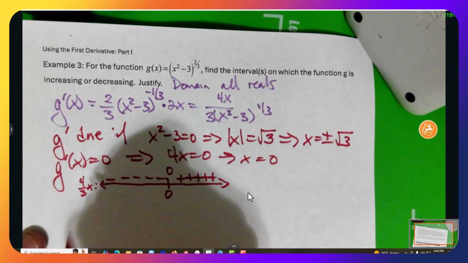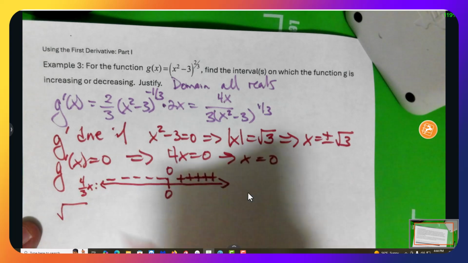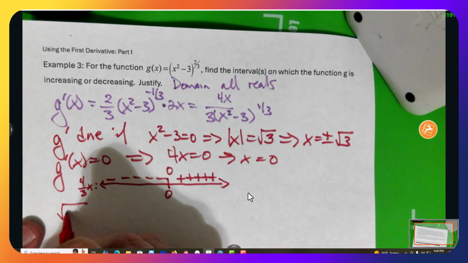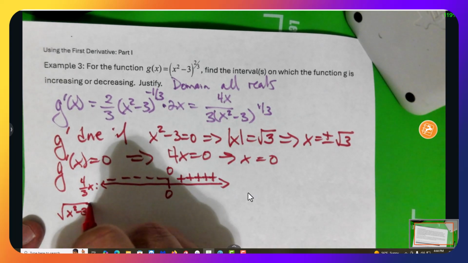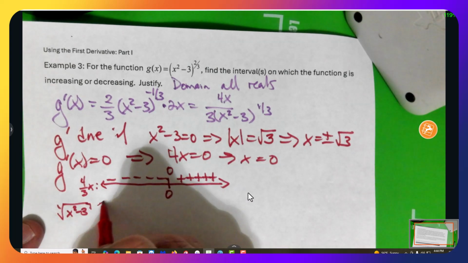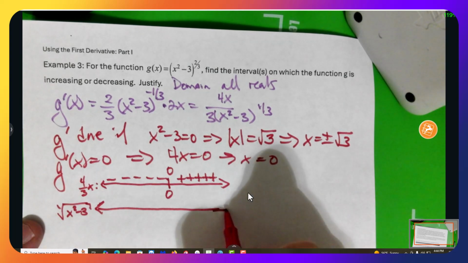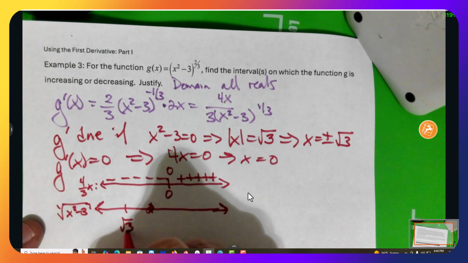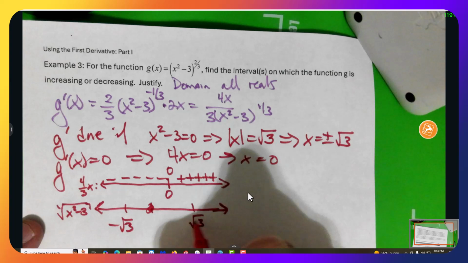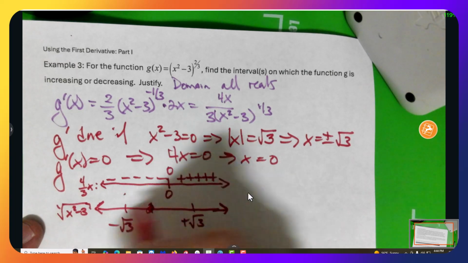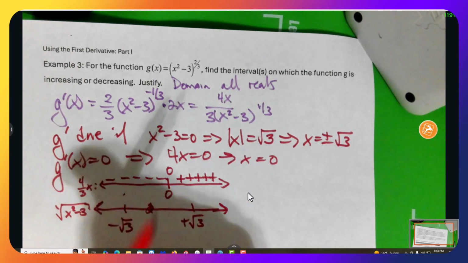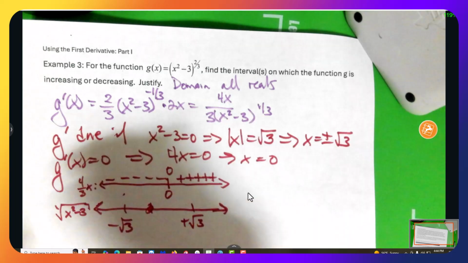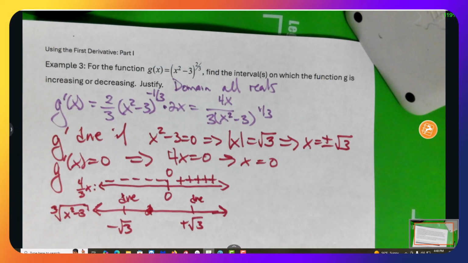Now all I have to worry about is the cube root of x squared minus 3. You know you have two zeros, so negative root 3 and positive root 3. I'm not going to put zeros there; these are zeros for the function y equals the cube root.